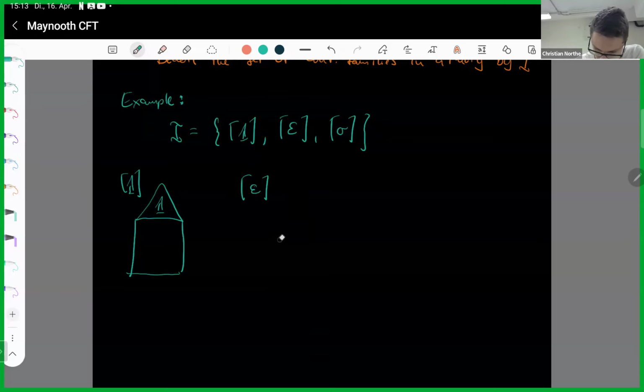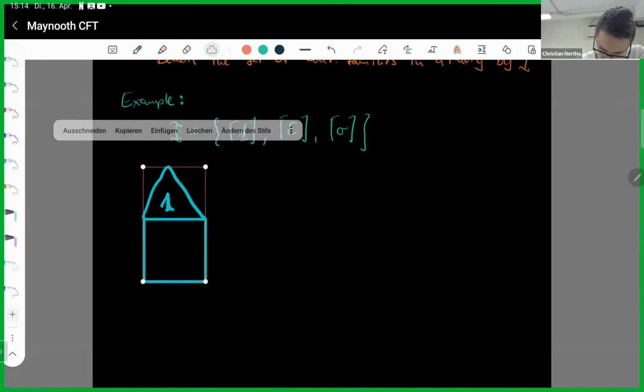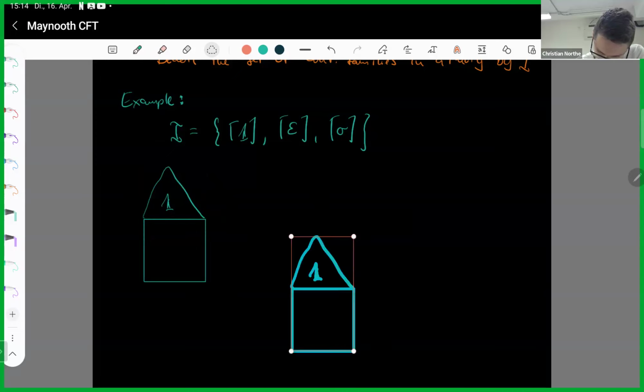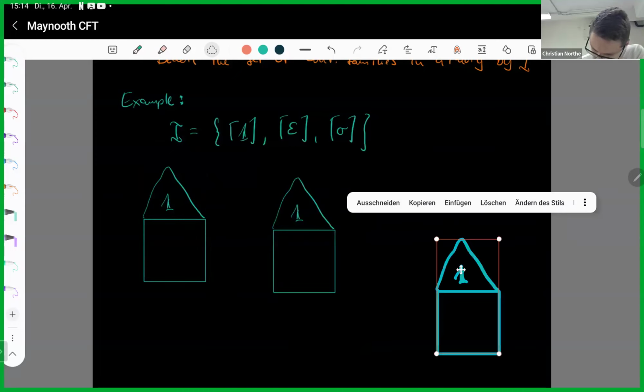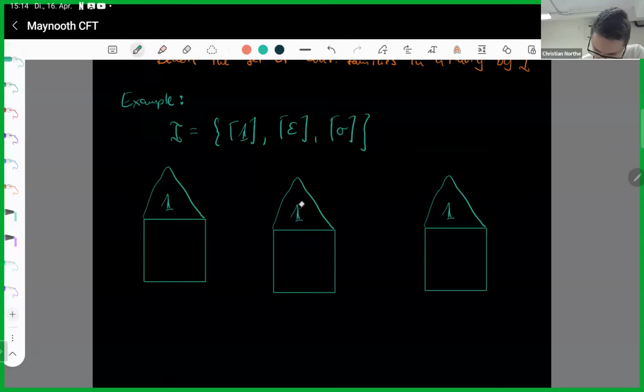Let's actually make this a bit bigger. The picture is going to be the same. It's just I'm going to make it a bit bigger. So let's copy this. So one is for the identity family.